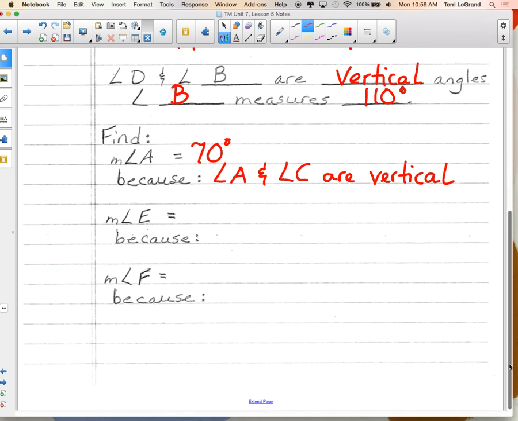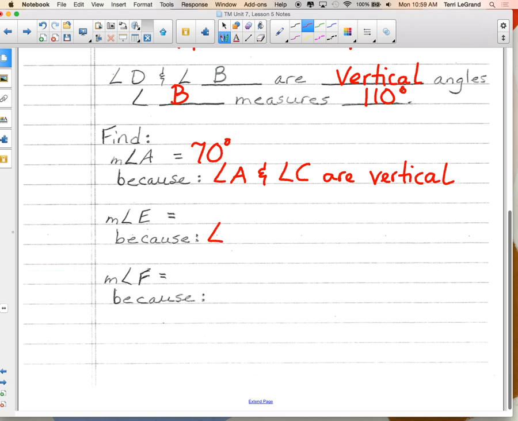Okay, give me E, and what's your reasoning first? What relationship are you going to use, and with what angle? Well, hey, don't we already know, we just found A, didn't we? And what relationship did we say A and E have? They're corresponding angles. Let's use that.